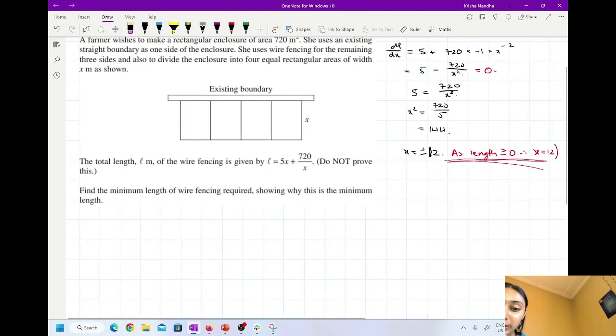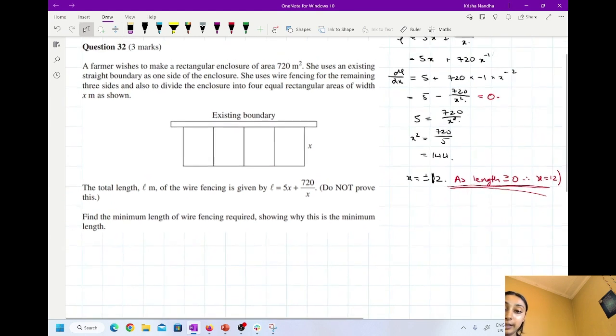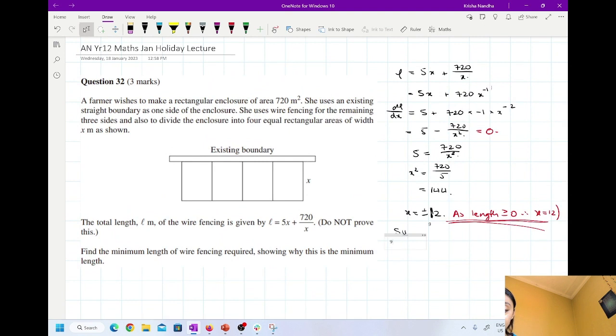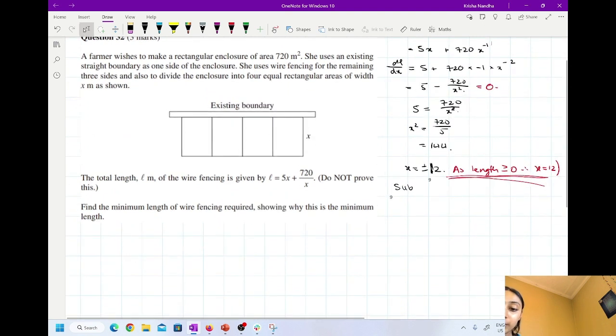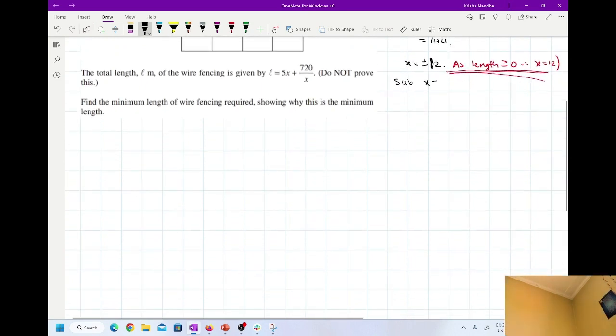Now that is not the final answer though. That's just the value of x. We now need to find the final length. So we're going to sub in x is equal to 12.